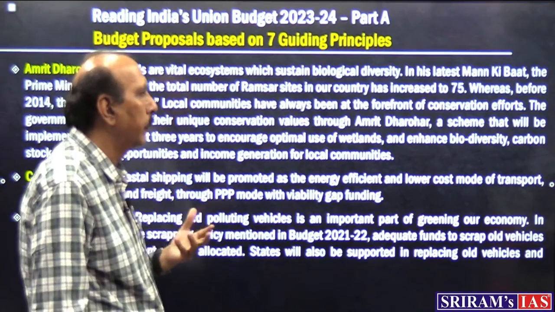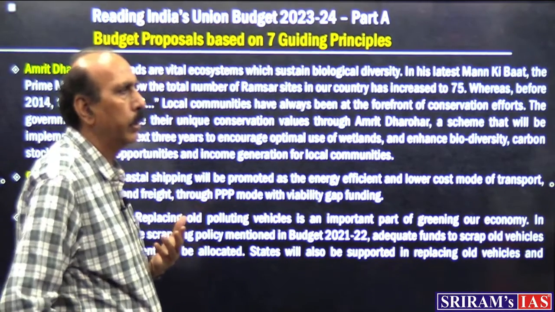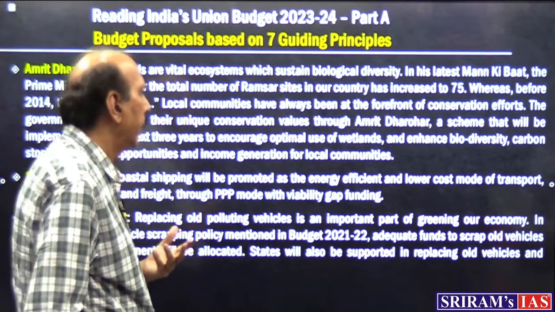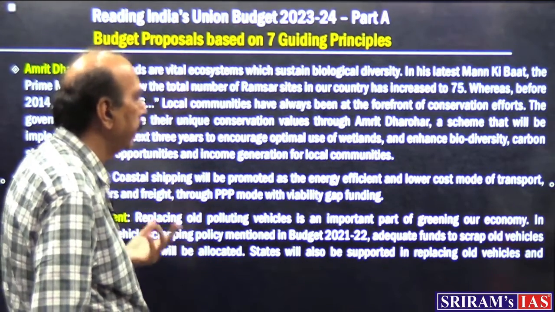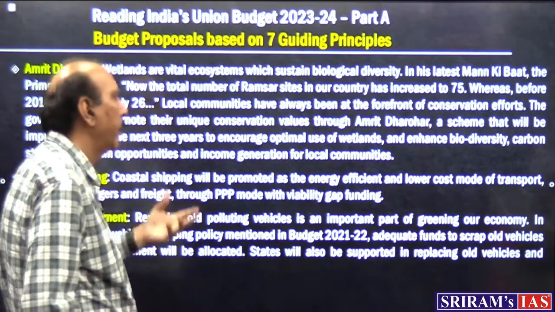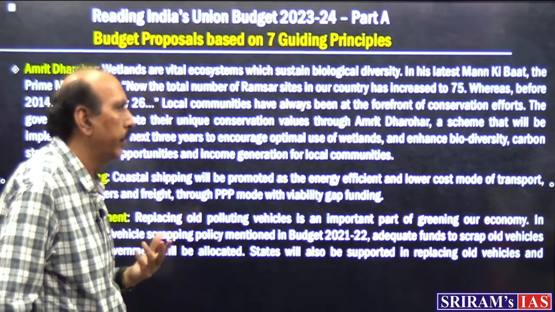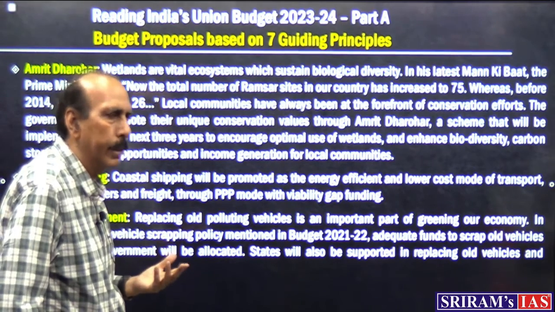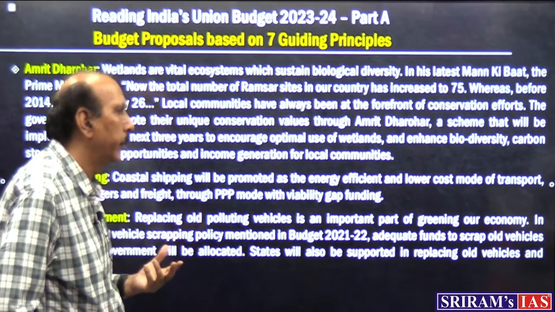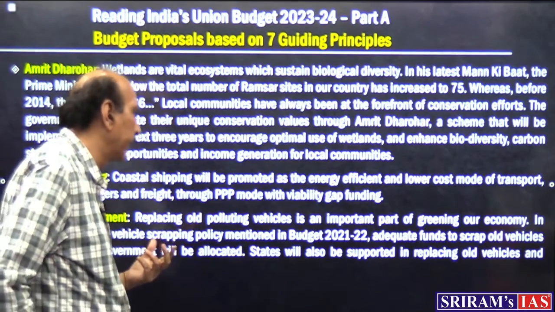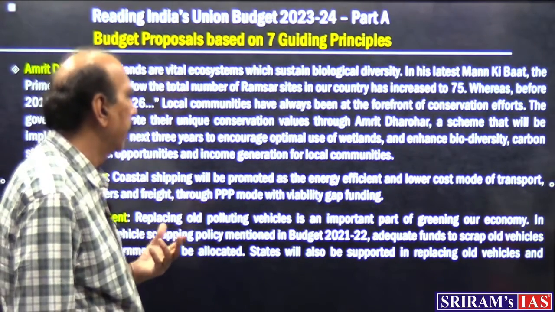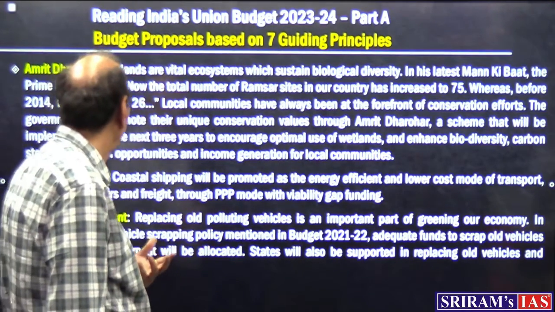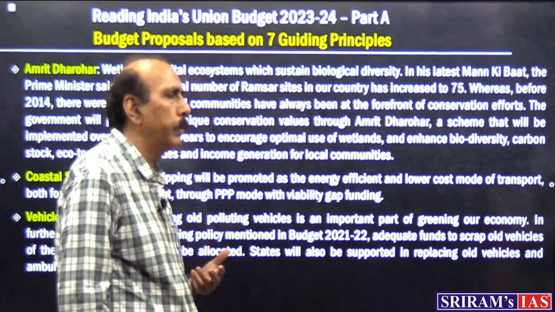Ramsar treaty has been signed by all the countries where the wetlands, once recognized internationally and declared as an international heritage, they have to be maintained. And this Amrit Dharohar program is to identify such wetlands, and if they are recognized internationally, they will have to be maintained. And this is basically to encourage optimal use of wetlands and enhance the biodiversity or reduce the carbon emissions.